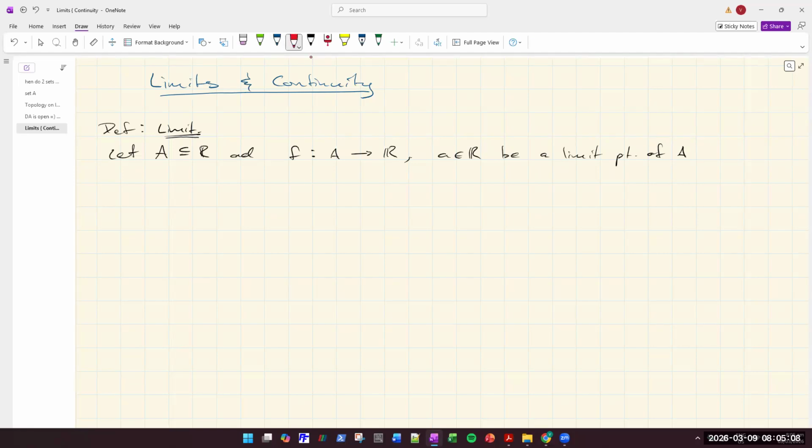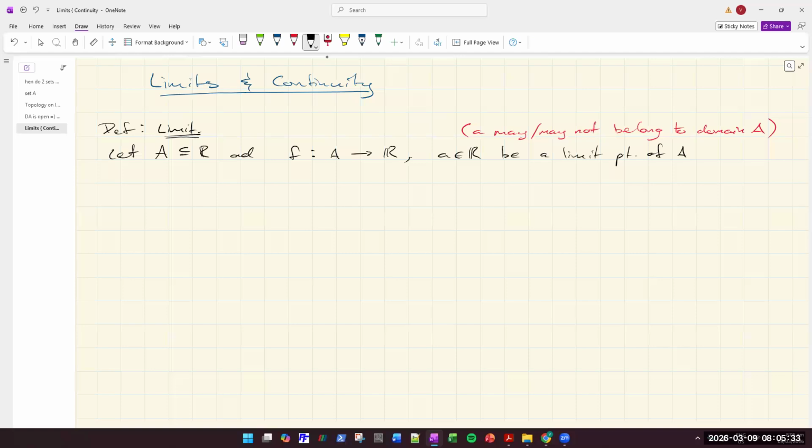Okay, so I'll put that up here, that A may or may not belong to the domain. So that's the main idea of a limit, that the point we are taking the limit as we approach, it may or may not belong to the domain.